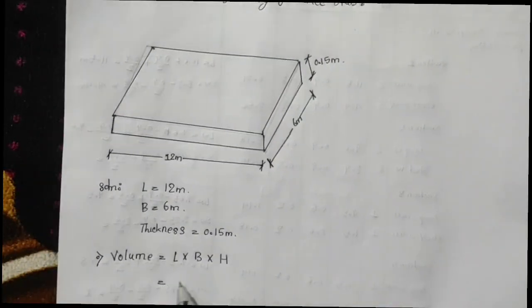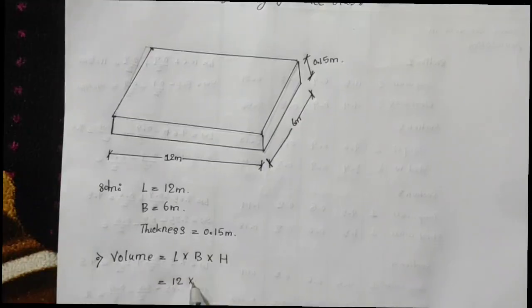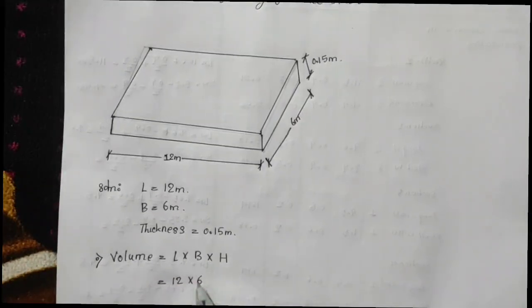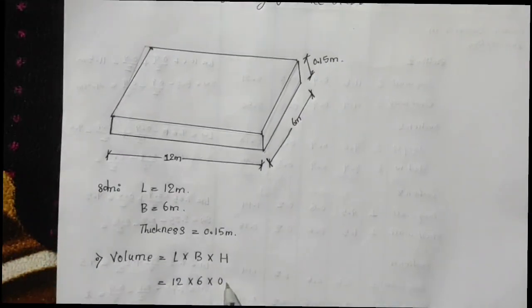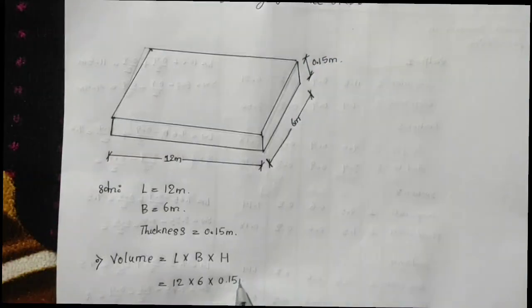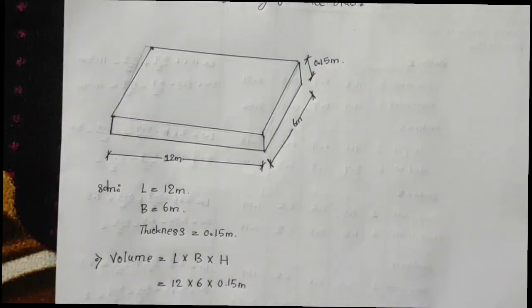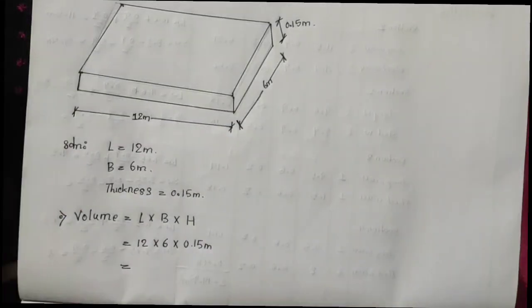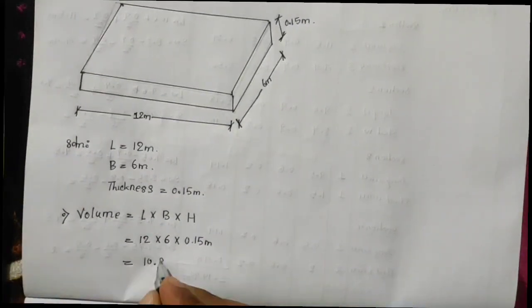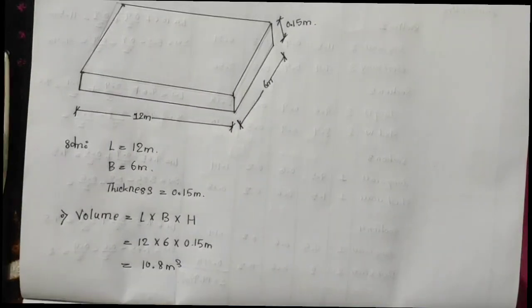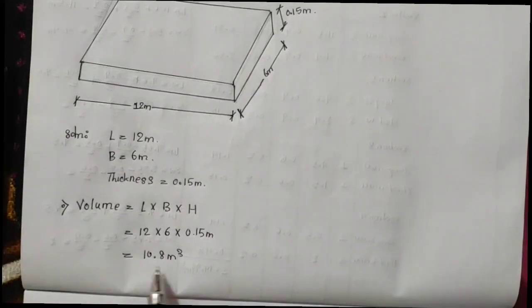We have length 12 meter, breadth 6 meter, and height 0.15 meter. Let me calculate this quantity. So it's 10.8 meter cube. Volume is 10.8 meter cube.